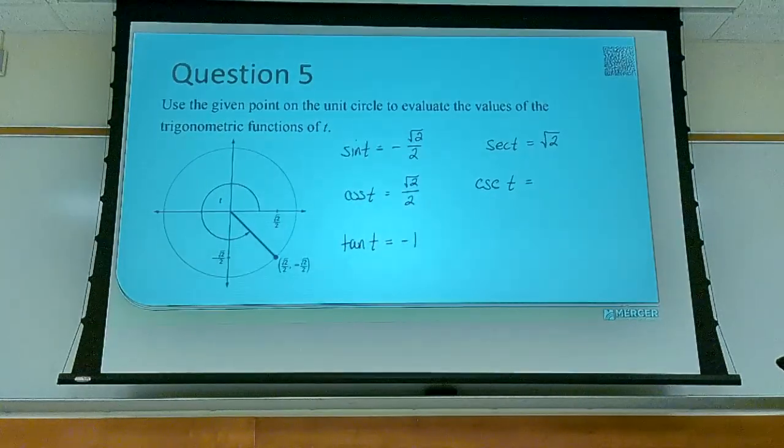Cosecant is the reciprocal of sine, negative square root of 2. And cotangent is -1.